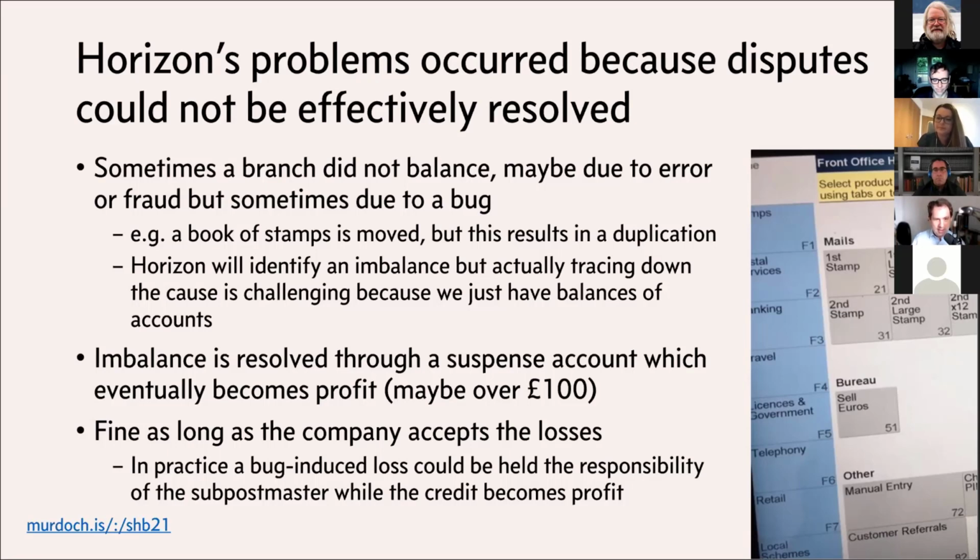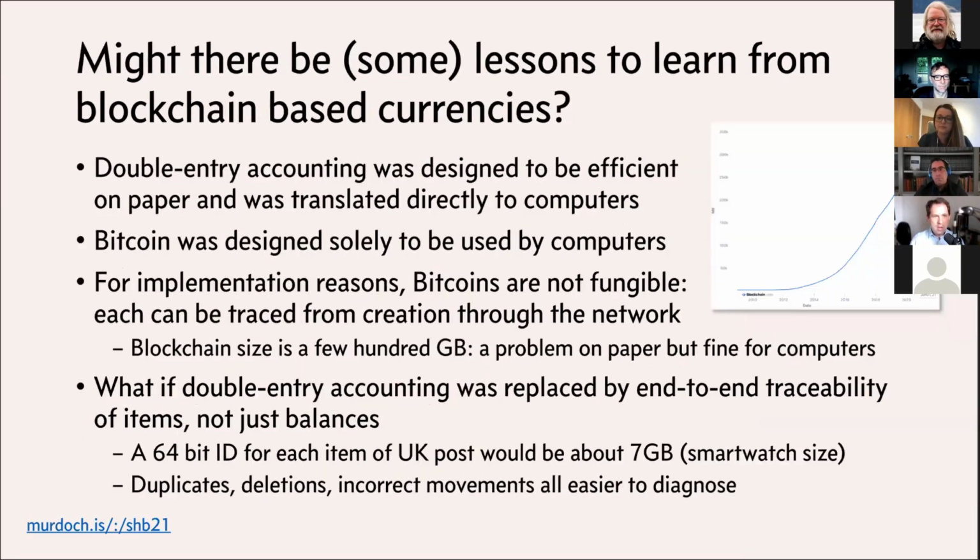There's a corresponding imbalance on the other side, and this, it turned out, eventually became profit. Actually £100 million ended up in this suspense account for stuff that was not kept track of. This is maybe okay if it's the company accepting the losses, but it's not going to be the case otherwise in the post office.